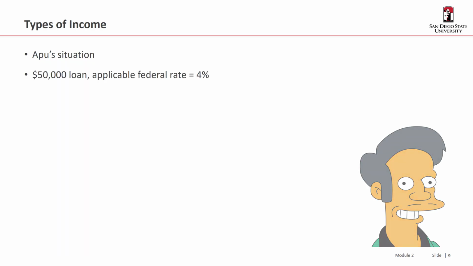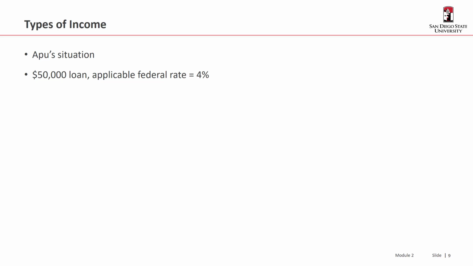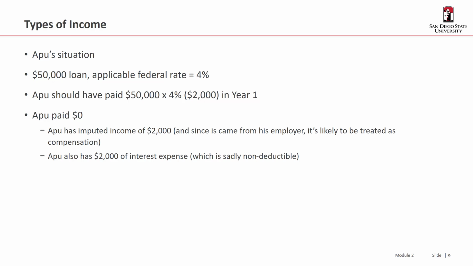Okay, let's look at Apu's situation in detail. So he's going to get a $50,000 loan, and let's assume that the IRS's published applicable federal rate is 4%. So Apu should have paid 50,000 times 4% or $2,000. But instead, Apu paid 0. As a result, he has imputed income of $2,000.